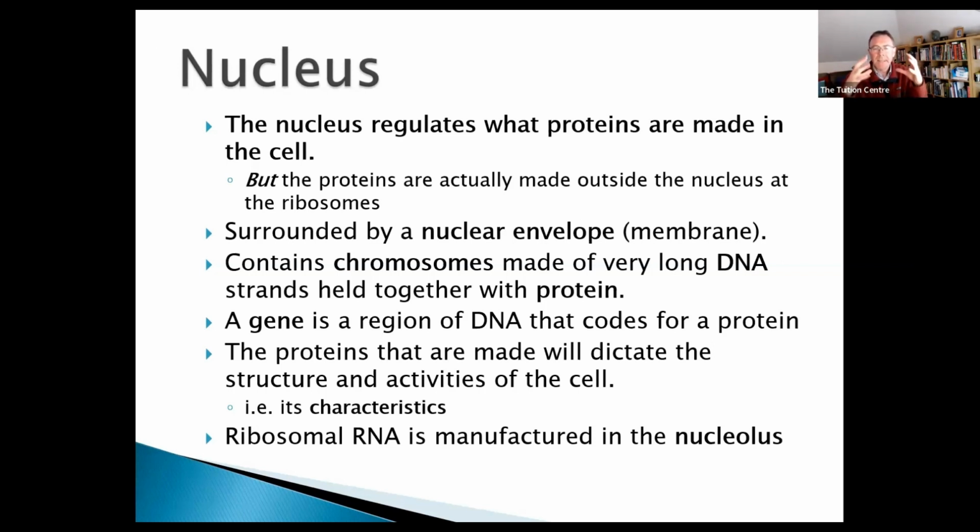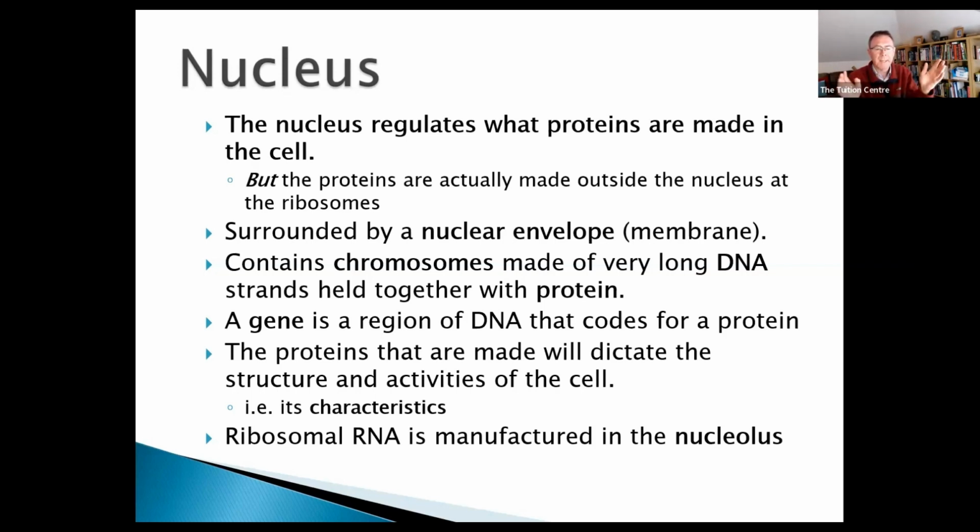It contains chromosomes, or chromatin in the loose form, which is made of DNA and protein held together. But it's mostly about the DNA. The protein is just packaging. The DNA contains genes. Genes are stretches or regions of DNA on the chromosome, parts of the DNA that encode proteins.